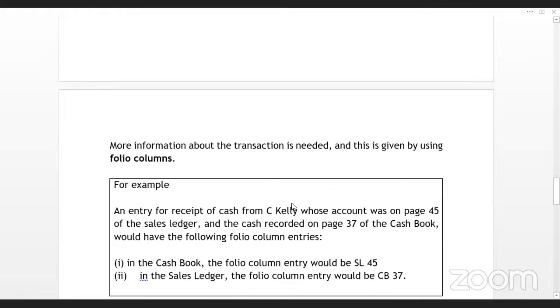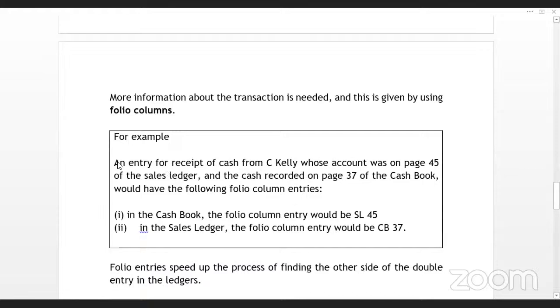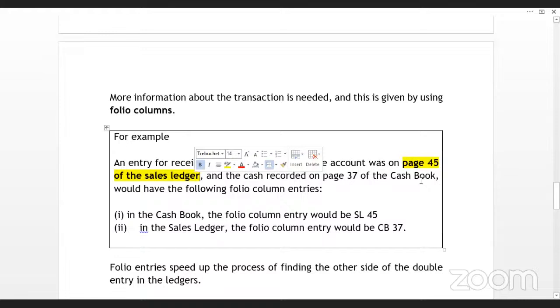For example, an entry for receipt of cash from Sikeri, whose account was on page 45 of the sales ledger, and the cash recorded on page 37 of the cash book, would have the following folio entries.